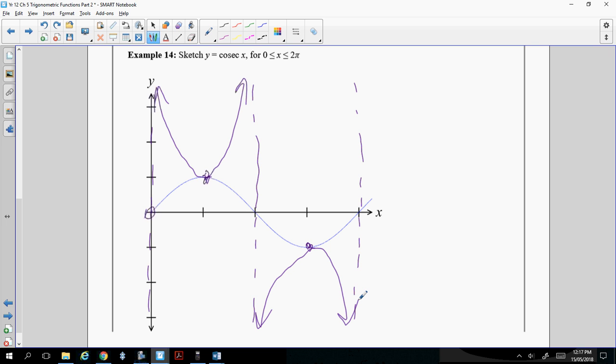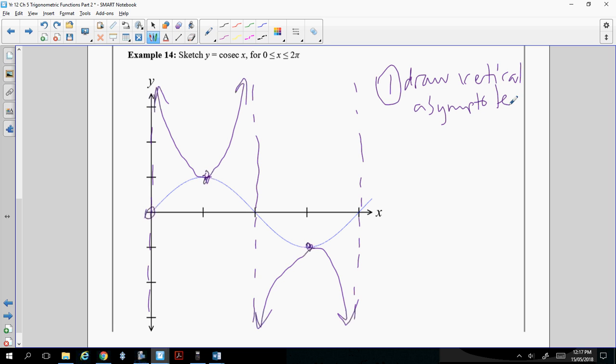So draw the asymptote first. First step, draw the vertical asymptote at the x-intercept.